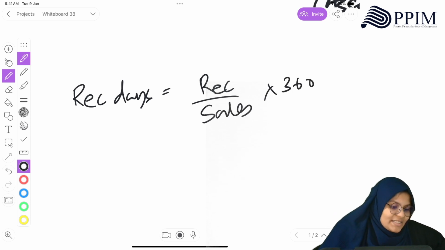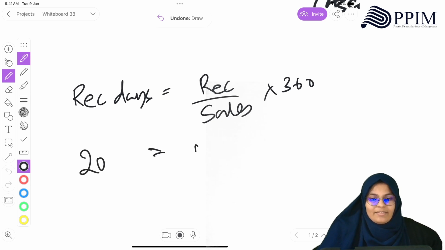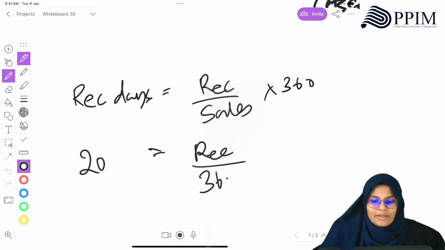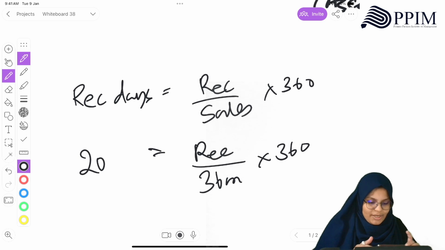So if the receivable days is going to become 20 days, then what will the receivables be? I need to calculate, right? Sales is 36 million into 360. Okay, so what is the receivables going to be? Let me check.